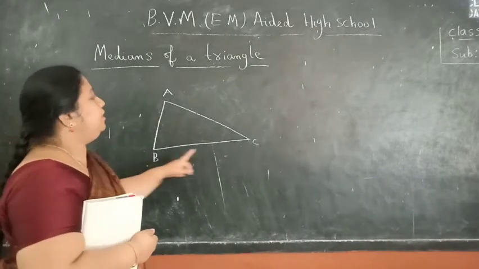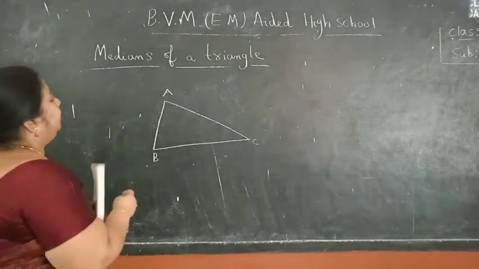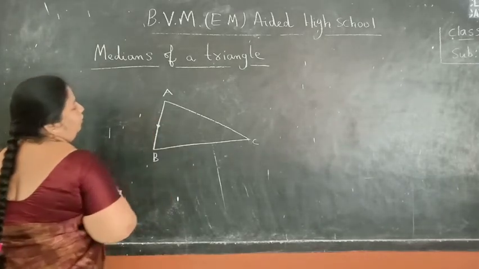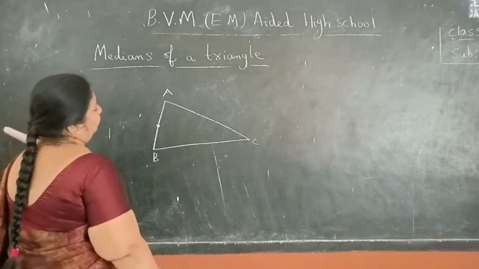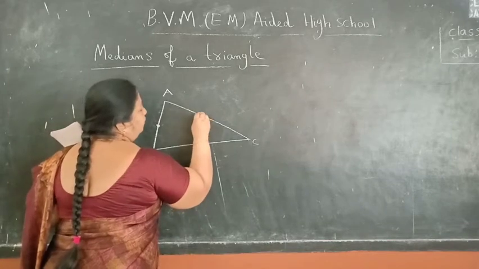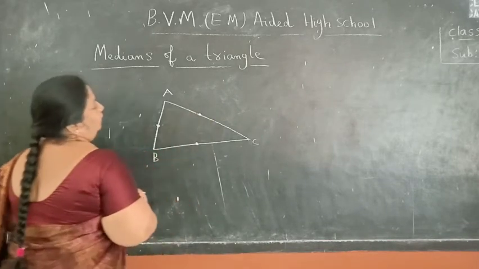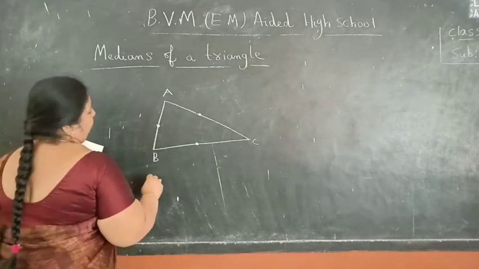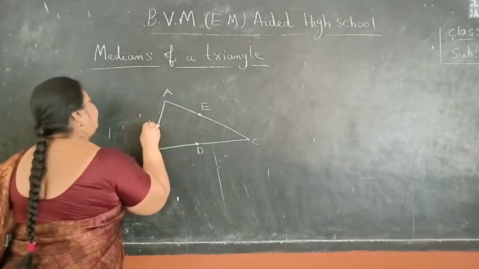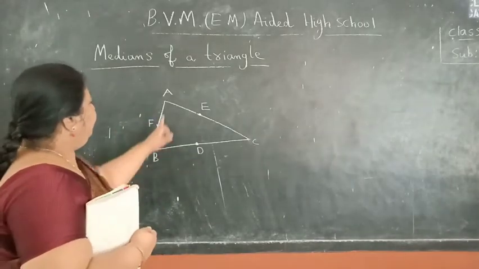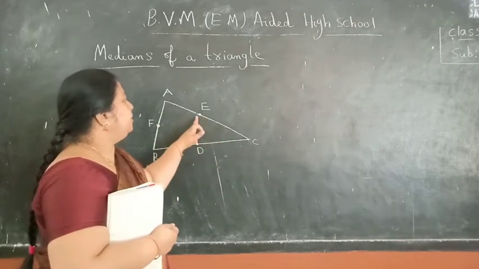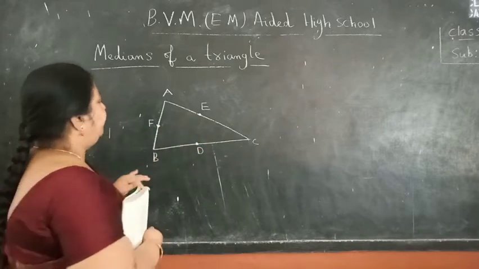Vertex A, vertex B, vertex C. Here are the midpoints of AB, BC and CA: D, E, F. Midpoint of AB is F, midpoint of BC is D, midpoint of AC is E. Midpoint means middle point.